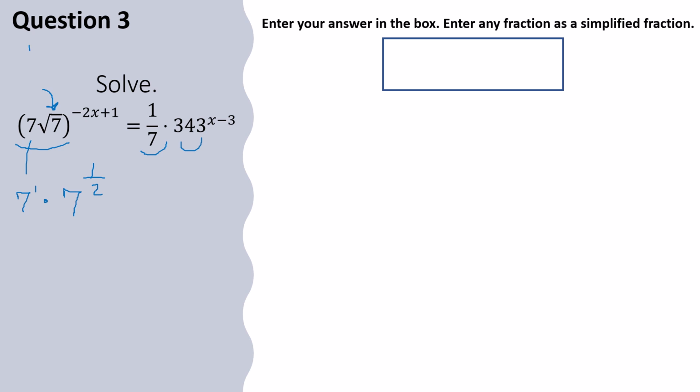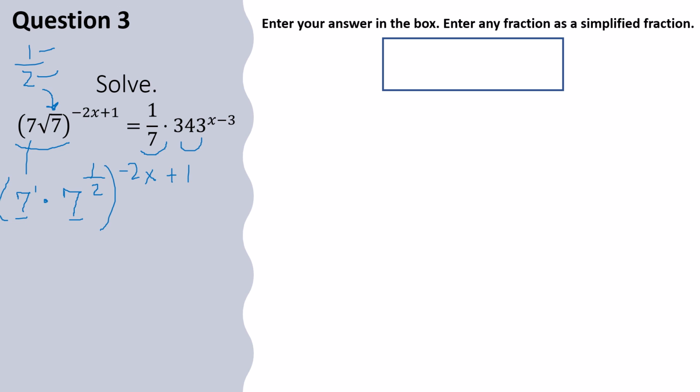Remember that 1/2, the bottom is going to be our root, the top is going to be our power. All right, now we have all of that, expanding that out, and I can see that I do have a base 7. So we're raising that to the negative 2x plus 1.